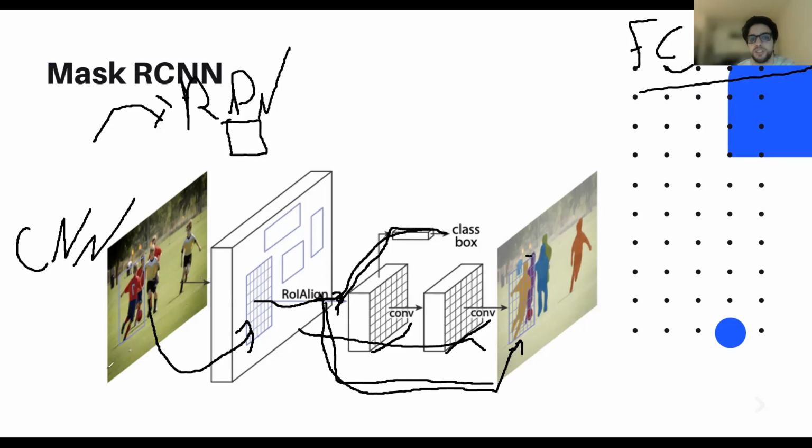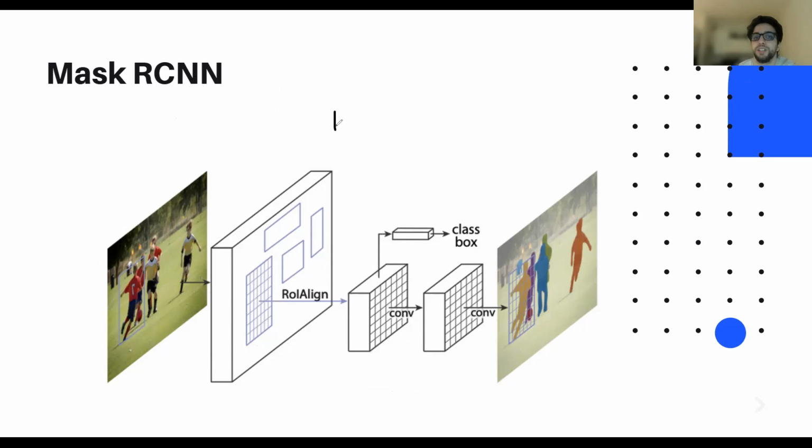So again, it works very similarly to all the semantic segmentations that we have seen before, but it is coupled with classification and bounding box regression. And of course, it operates only on the output of the RPN, or the region proposal network. So first, we predict the regions of interest.